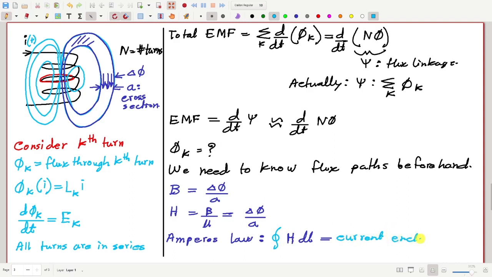If I assume the current in all the coils is I and the number of turns enclosed by this tube is n, then this is equal to n times I.